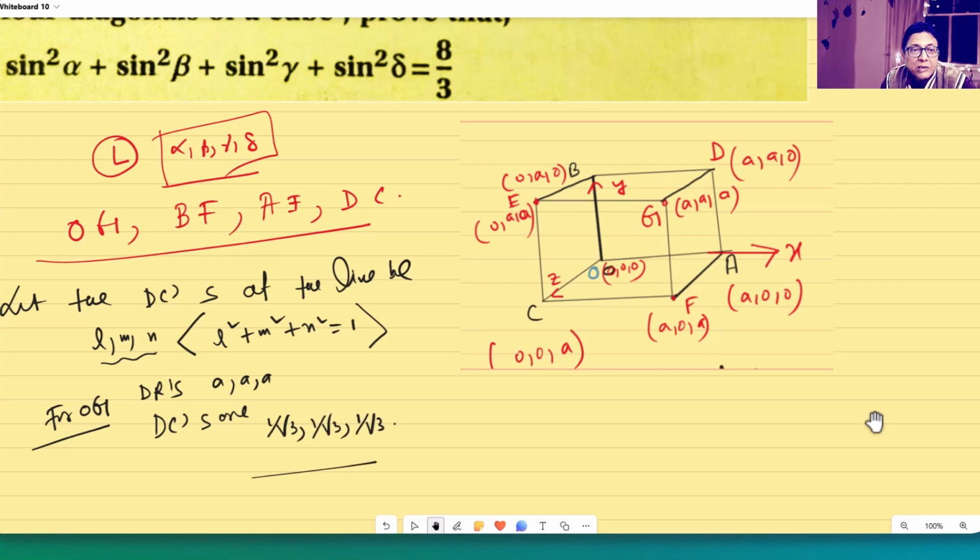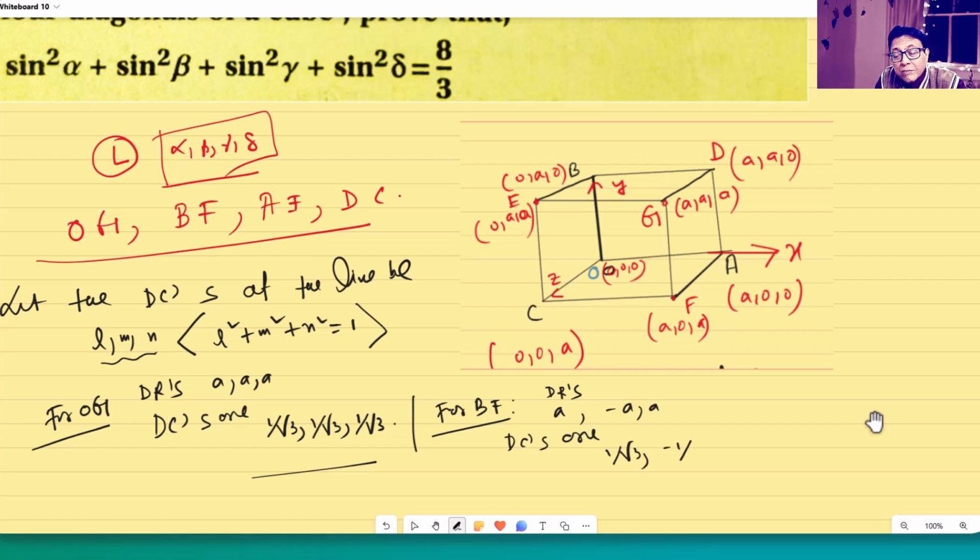So OG is done. For BF, F minus B, that is A, minus A, A, DRs we are writing first. DCs are what? A by under root sigma A square, that is 1 by root 3, minus 1 by root 3 and 1 by root 3. BF is done.